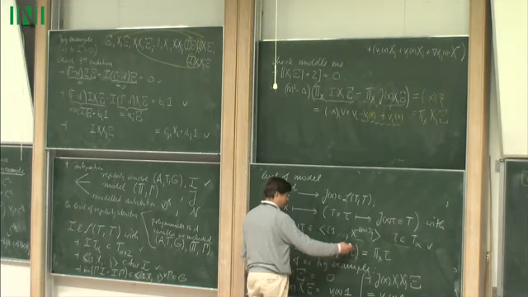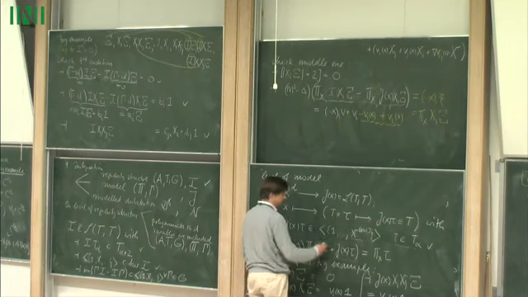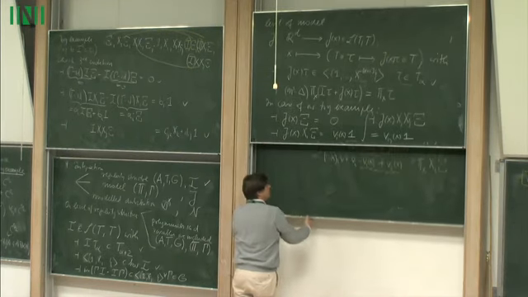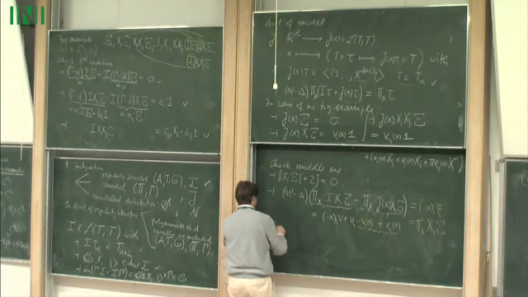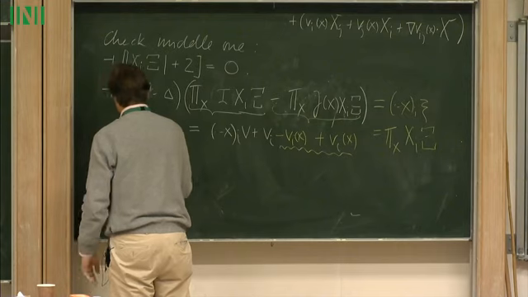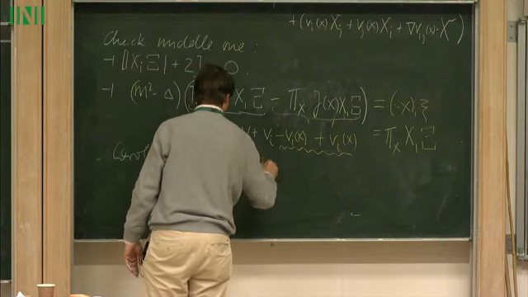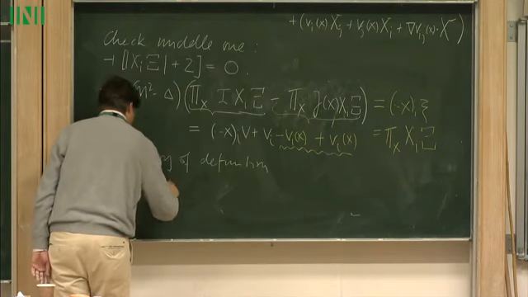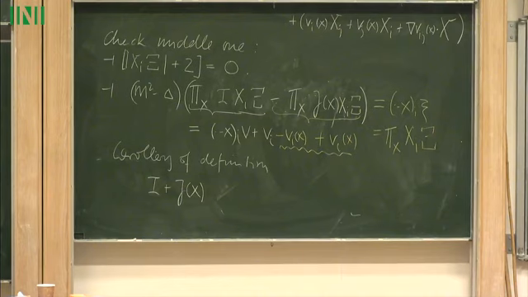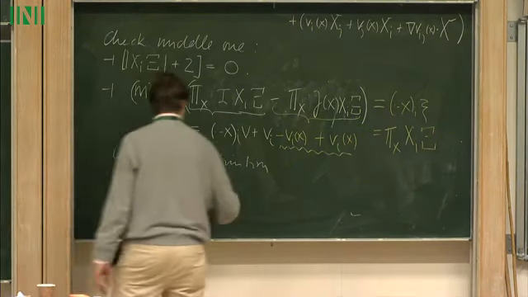The price to pay for that is the introduction of the J, and in fact, the right quantity is really I plus J. That's the natural quantity, and that comes from a general formula, or corollary of the definition. If you look at I plus J, if you don't pull them apart, then it nicely intertwines with the change of variables.